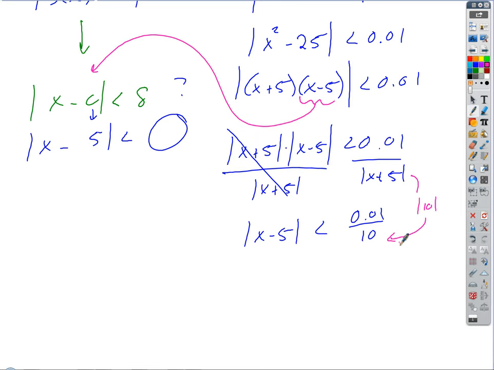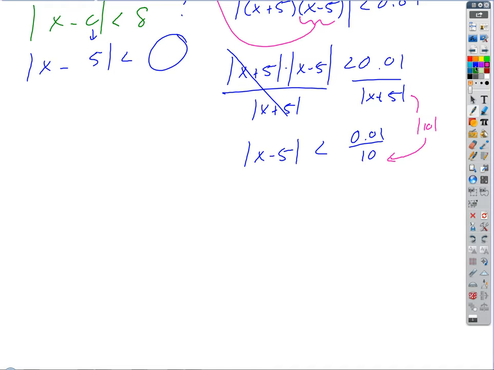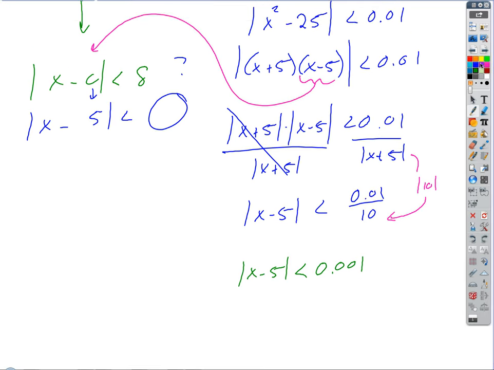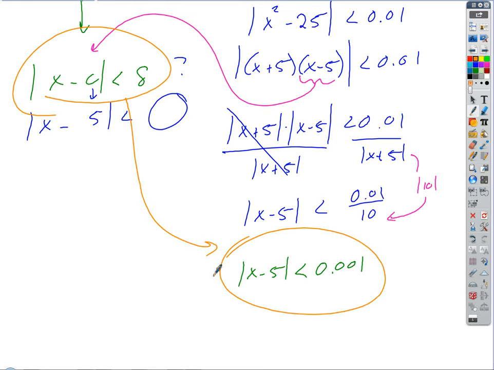Okay, make sense? And so we end up then with the expression: the absolute value of x minus 5 is less than 0.01 divided by 10, which is 0.001. And there's our connection, right? We wanted to get something like that. Well, there it is. So what's delta? Yeah, good.